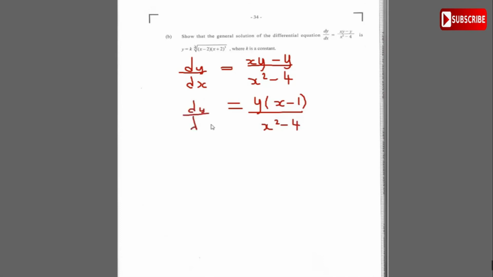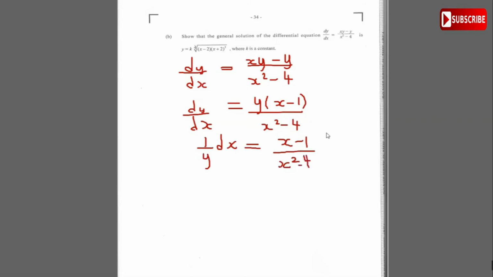Now we're going to divide both sides by y and cross multiply dx. So we get 1 over y dy is equal to x minus 1 over x squared minus 4 dx.